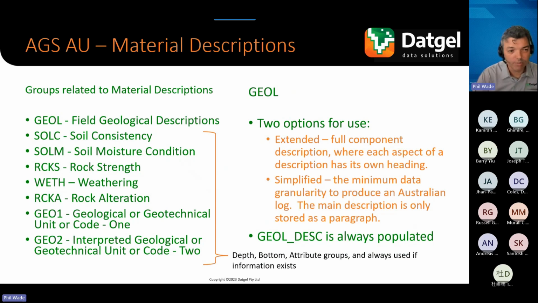So the GL group, the material descriptions, are ultimately created by many groups. It's a combination. There's the main GL group, which we'll get to in a minute, but there are options about how you enter all the data. I've said many of these on the left a few times already, so they all ultimately could be part of a description. Now the GL group can be used in two ways.